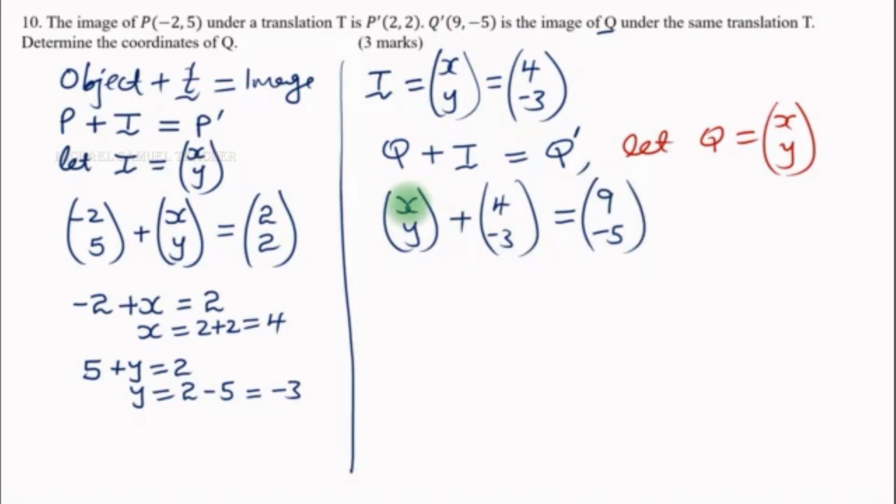Compare the x coordinates: x plus 4 is equal to 9.